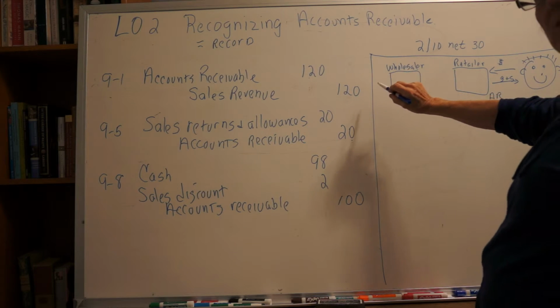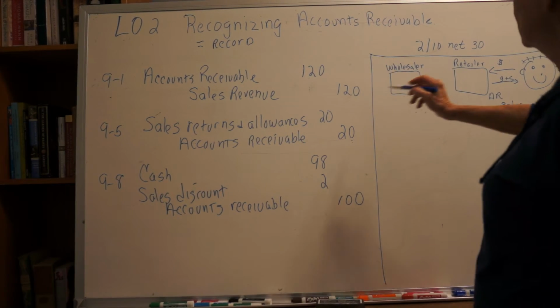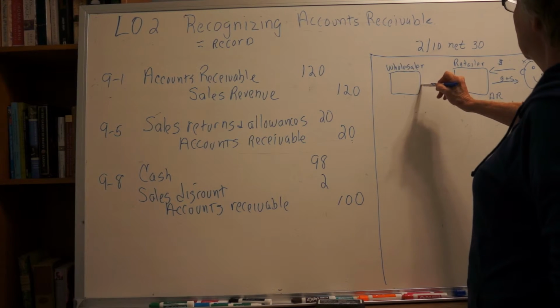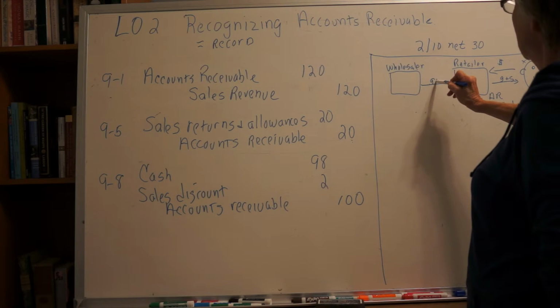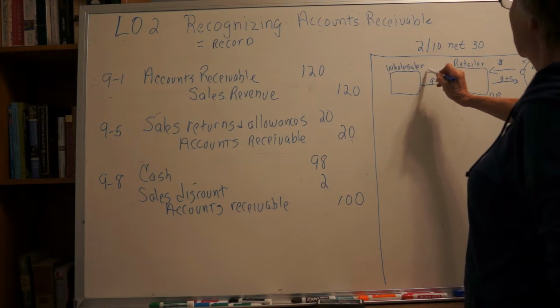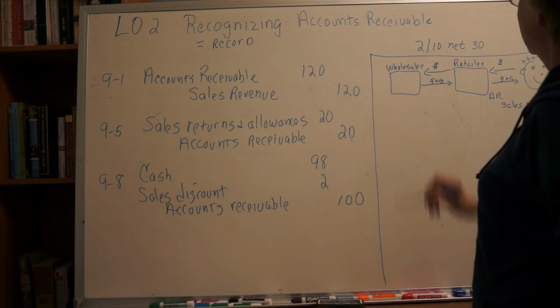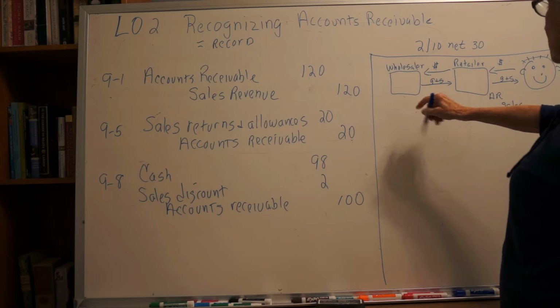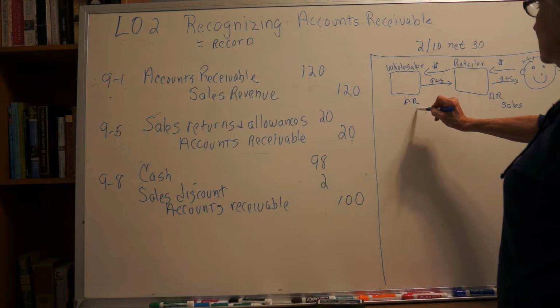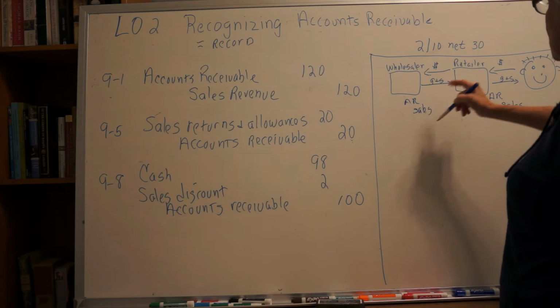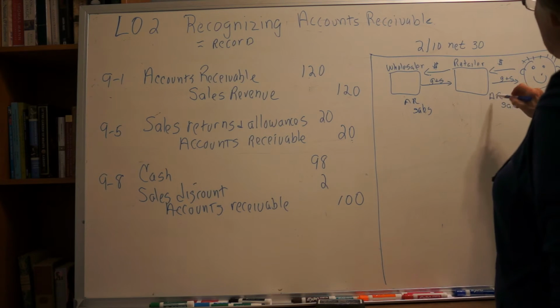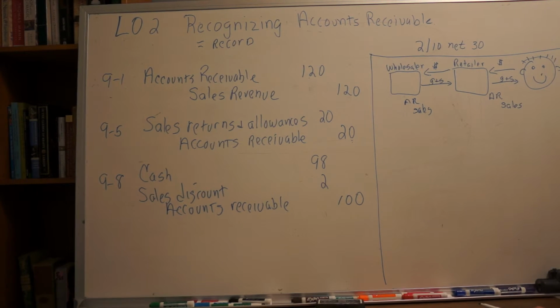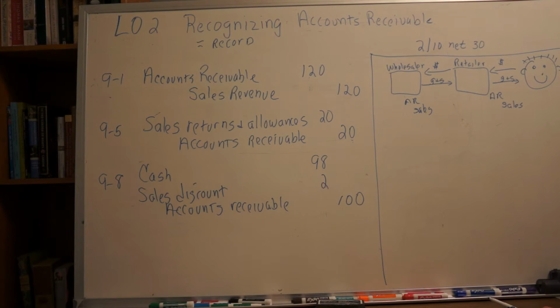Between the wholesaler, where the retailer gets its stuff, you have the goods and services flowing this way, and you've got the money flowing that way, okay? So the wholesaler would have accounts receivable and sales revenue for things that it sold the retailer. The retailer will have accounts receivable and sales revenue for what it sells to the customer.